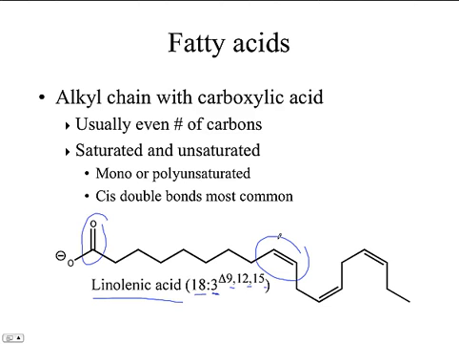This would be carbon 9. So we start off here with carbon 1, and then here's carbon 9. Down here would be carbon 12, and then here would be carbon 15. You always use the lowest number of the double bond. This would be a carbon-carbon double bond across carbons 9 and 10, but we say the position of that is at carbon 9.